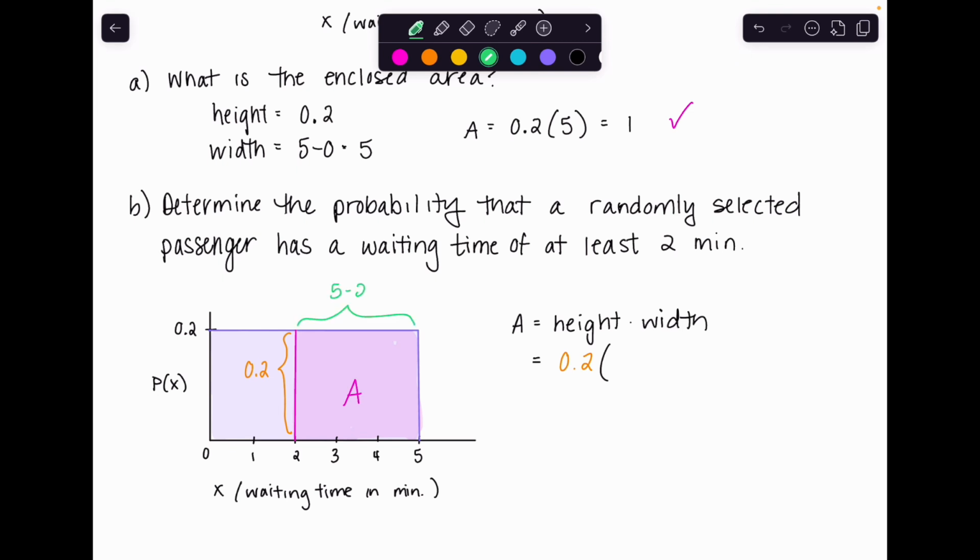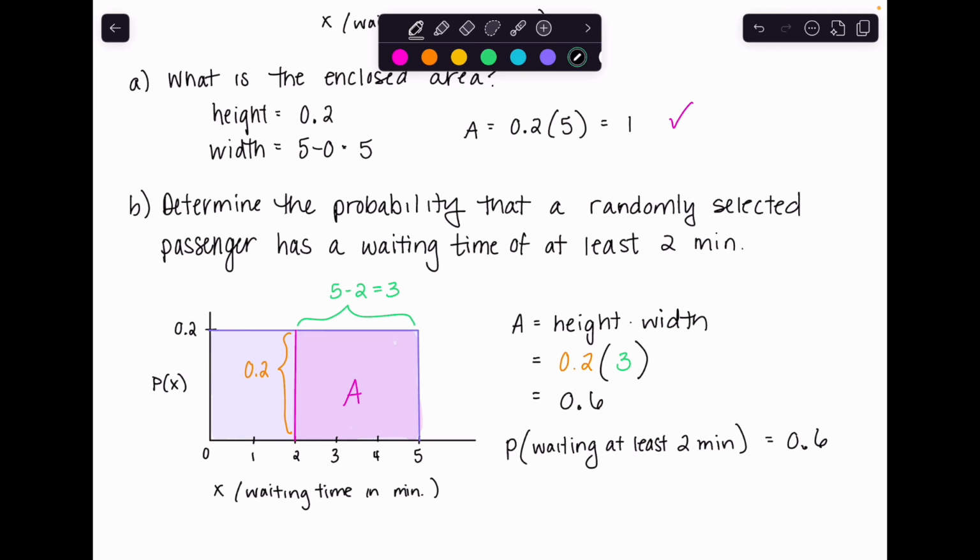It's 5 minus 2 to give me 3. So 0.2 times 3 gives me 0.6, which tells me my probability of waiting at least 2 minutes is 0.6.